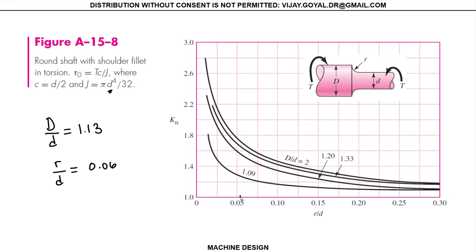So I may be somewhere there. So I get that value, and I find my KTS is more or less just roughly, this is 1.2, 1.35, let's say. Okay, just eyeball it.